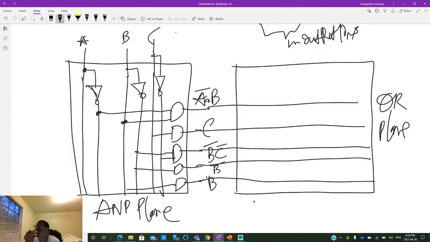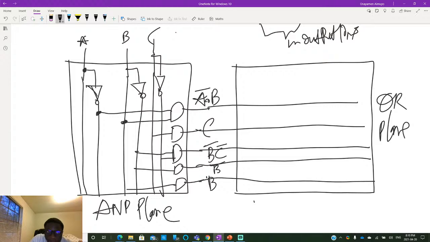I would say it would be much more efficient if the terms that are generated from the AND plane are used by your OR plane, at least one instance of these terms. If you're not, then why did you create it?